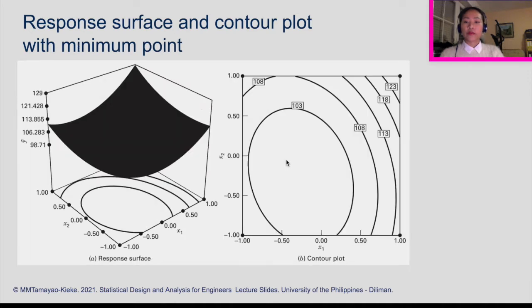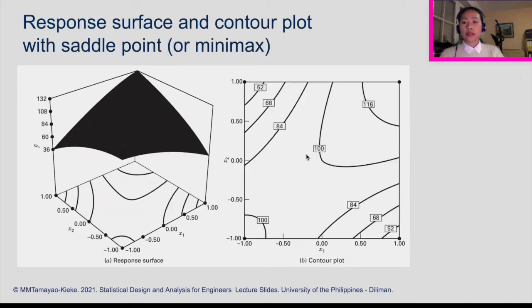All right, and this would be the response surface and the contour plot for a model with a point of minimum response. Okay, so as you can see, the pattern is opposite with respect to the contour plot. So as you go inside, the response decreases.